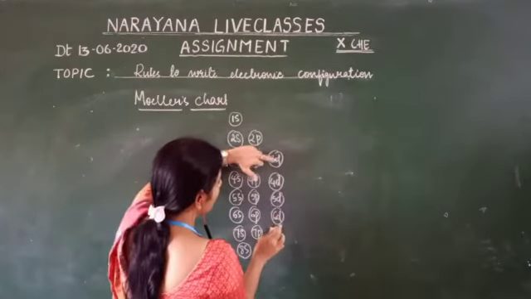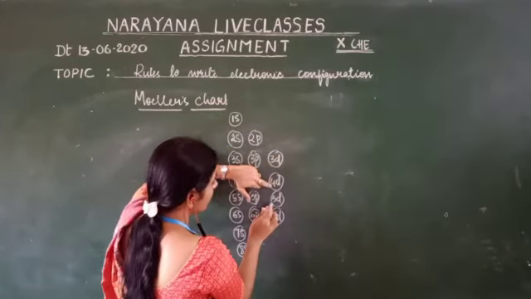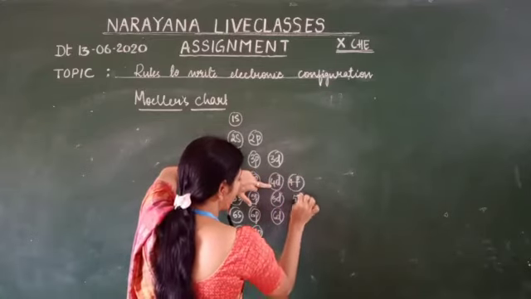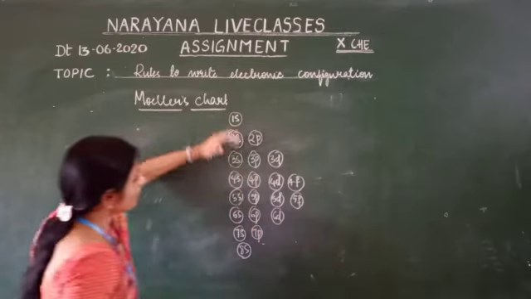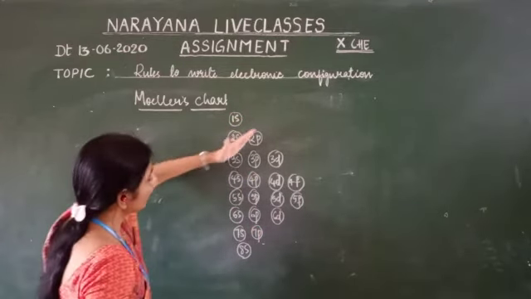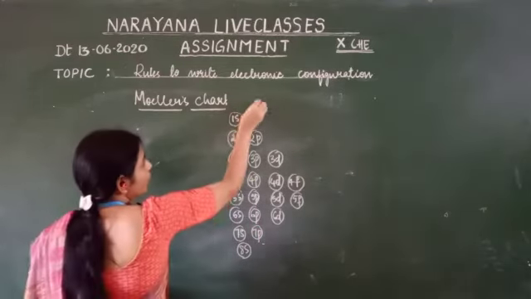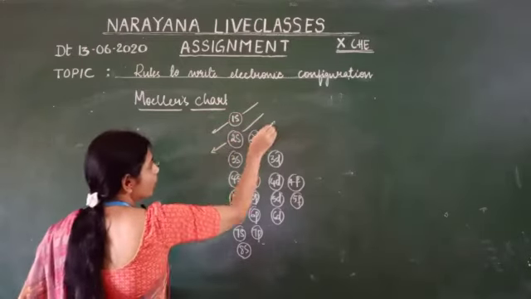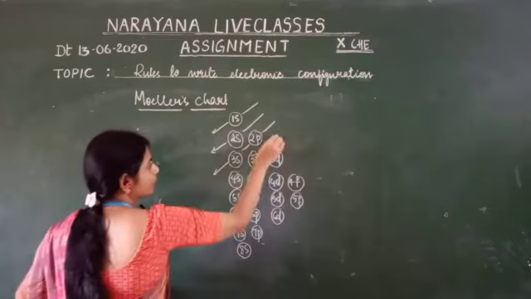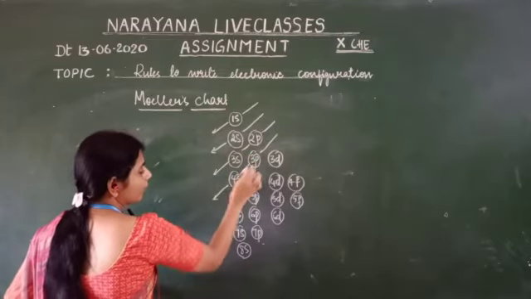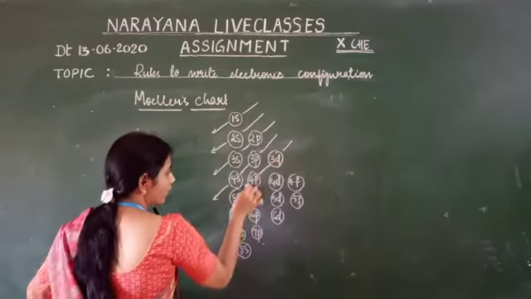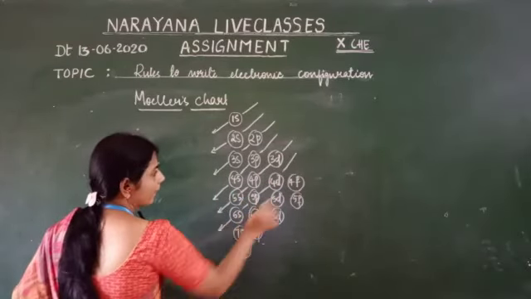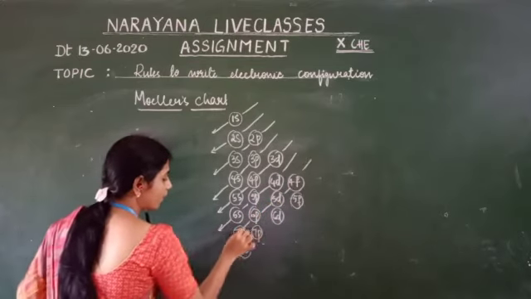Next, after writing that, leave the exteriors and start writing in the interior: 4f, 5f. If you observe, they are arranged in a diagonal order. So 1s first, next 2s, 2p, and after completion of 4s you have to go with 3d, next 4d, and next coming here, the last one.